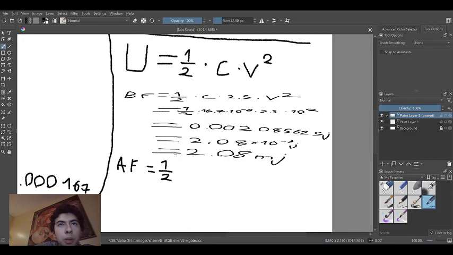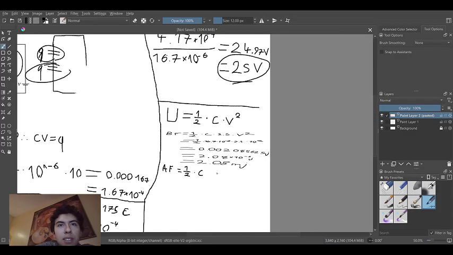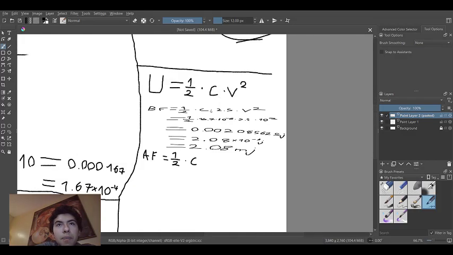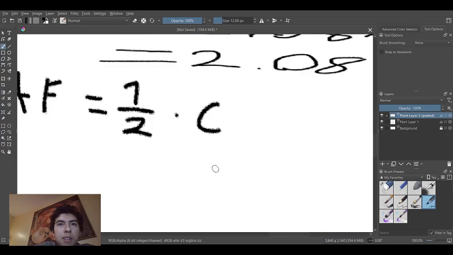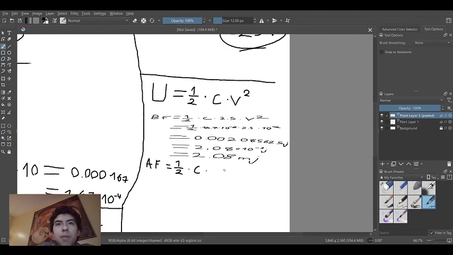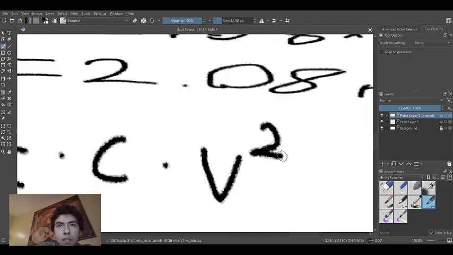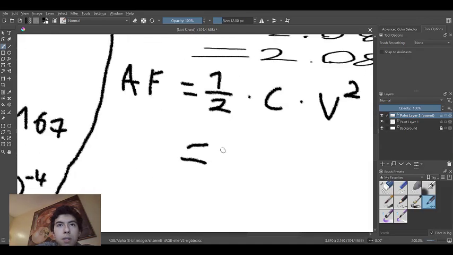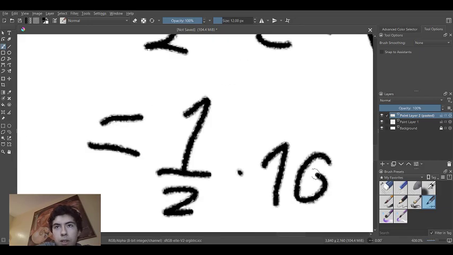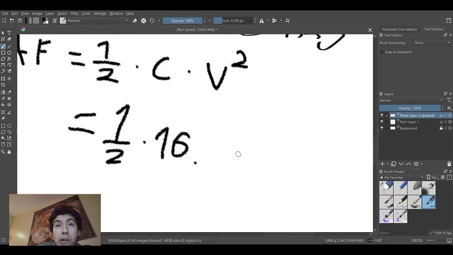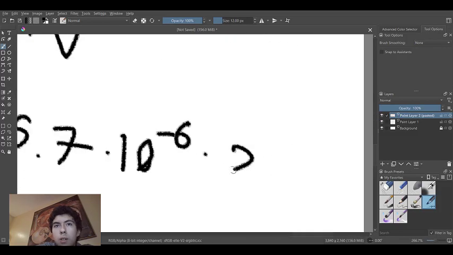Okay, it's 1 over 2 times the capacitance, and not the dielectric this time because it has been removed, times the voltage squared. So that's going to be 1 over 2 times 16.7 times 10 to the minus 6 times 25 squared.